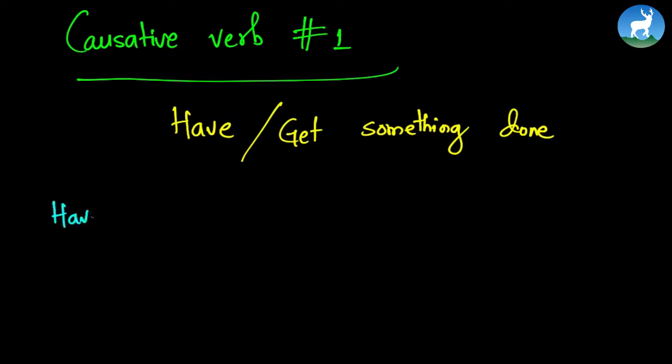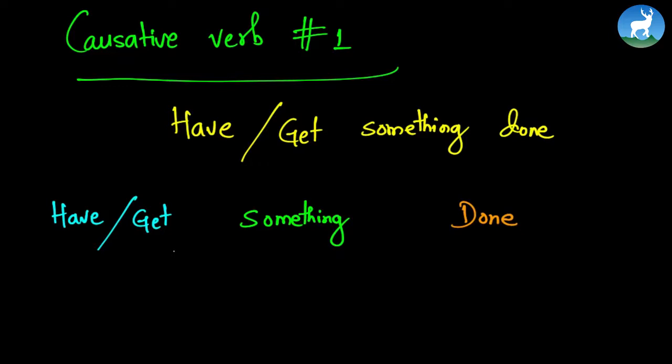You're going to use have or get, and finally done. Have or get something done. So this is the first causative verb that we will study. It's called have or get something done.